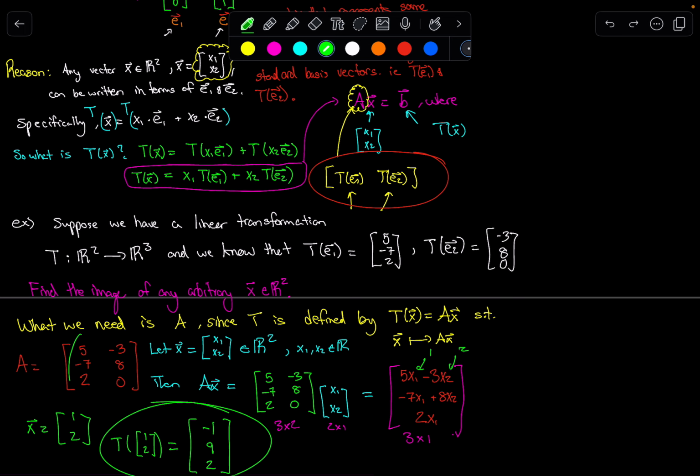We found that the columns of this matrix tell us, since there are two of them, that we came from R2, and they are the images of our two standard basis vectors, e1 and e2, respectively. That's how you can build your machine to accomplish what you're looking to accomplish. Hopefully that's kind of entertaining for you all. Catch you all in the next one.